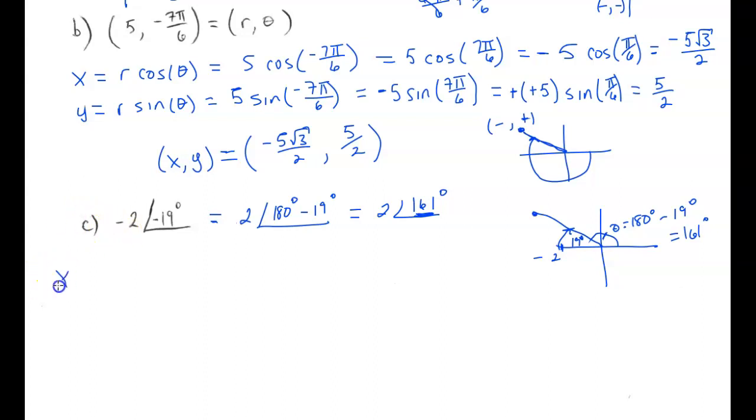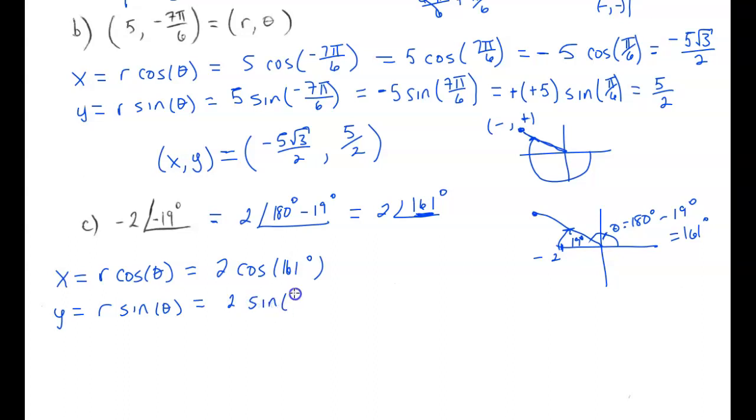So now that we have that, here we know that x is our r cosine theta, which is just going to be 2 cosine of 161 degrees, and y is going to be our r sine theta, which is 2 sine of 161 degrees.